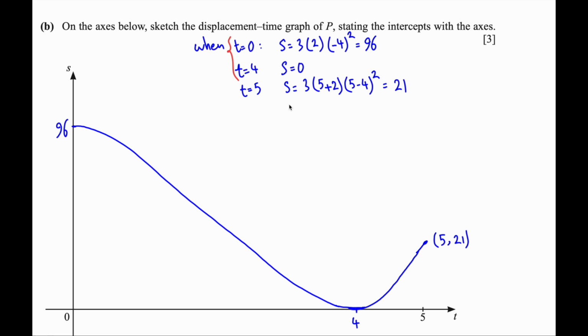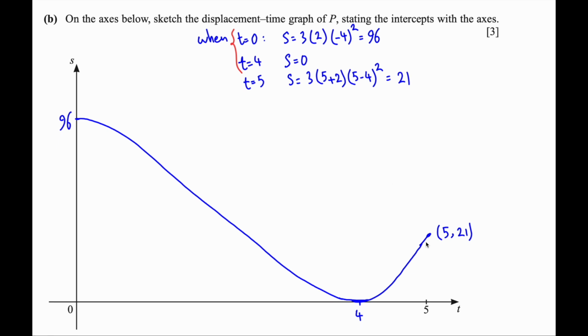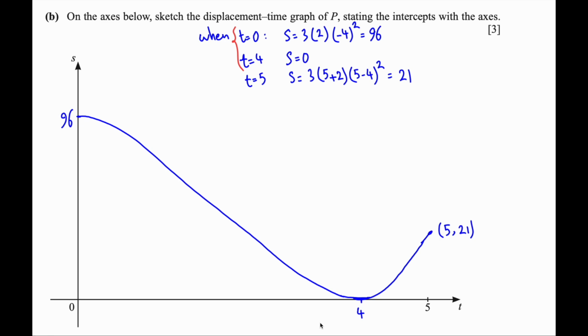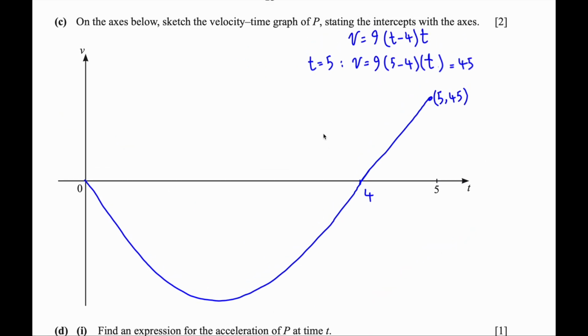So that's also another way to make sure the graph looks like this. And of course over here I plug in the maximum value for t, but that's not really necessary. I just did it to make sure roughly where I should stop my curve at what height basically. And that's it. In part C, I'm asked to sketch the velocity versus time graph.